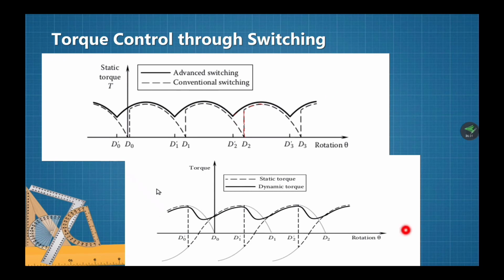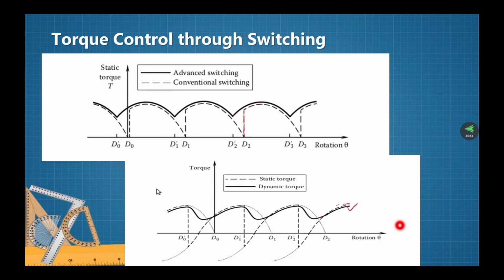This is for the static torque, and the broken line is the static torque, and this is for the dynamic torque of the stepper motor.